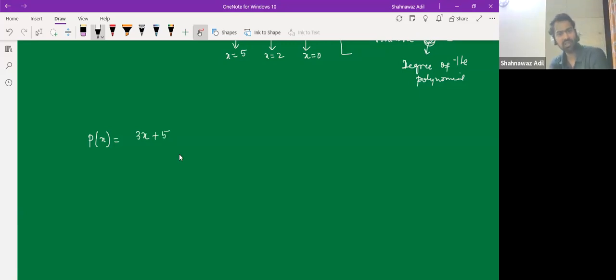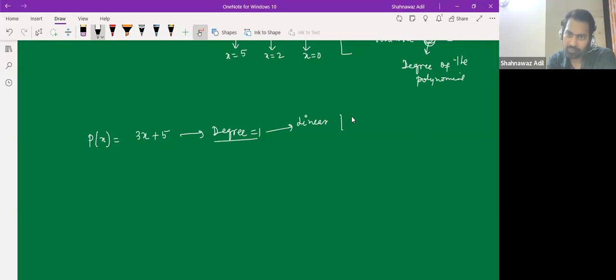What's the degree of this polynomial? 1. So degree is 1. Absolutely right. If degree is 1, we call that a linear polynomial. Whenever we have a degree which is 1, that would be called a linear polynomial.